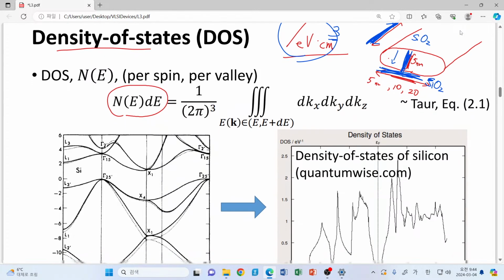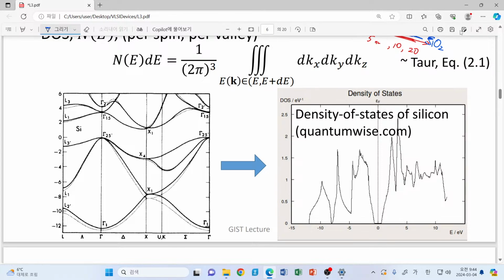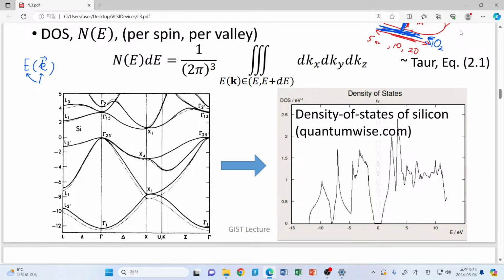Okay, so now once you have this one, then let's say that what you have is just E of K. Then how can you calculate your density of states? So simply you have all K values and corresponding energy values, and you just count the number of your K points.